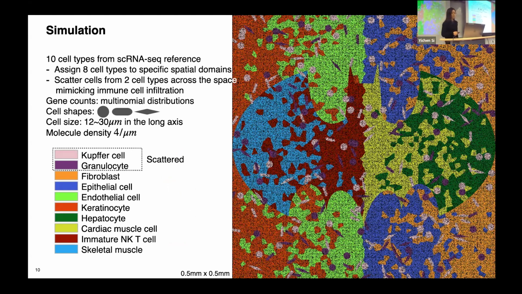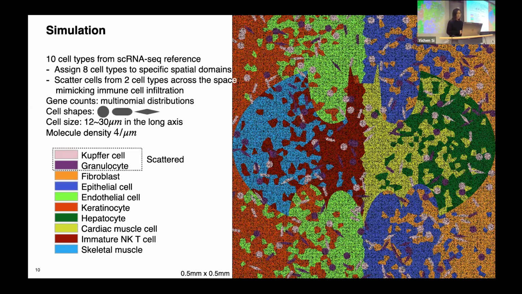Okay, so next I will first show you a little simulation result to show how this method actually works. In this simulation, we pick 10 cell types from a single cell reference panel, and we assign 8 cell types to different spatial locations. And we sprinkle the other 2 cell types uniformly across the space. This is to represent real data cases where you have immune cells infiltrated in the tissue.